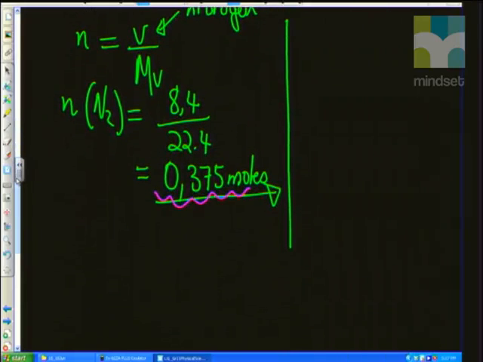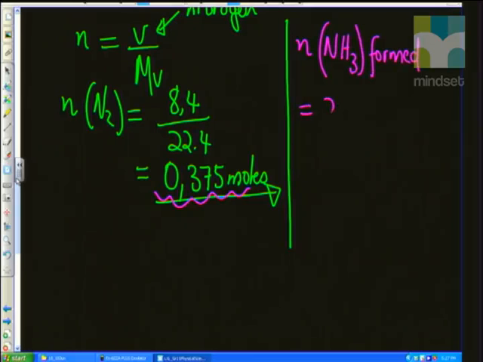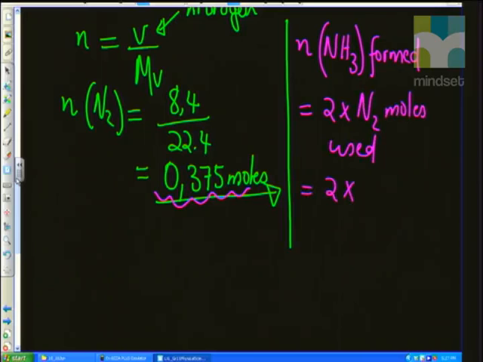So I can say that the number of moles of ammonia formed or produced will be equal to twice the nitrogen moles used. I'm writing so that you understand where all this comes from.